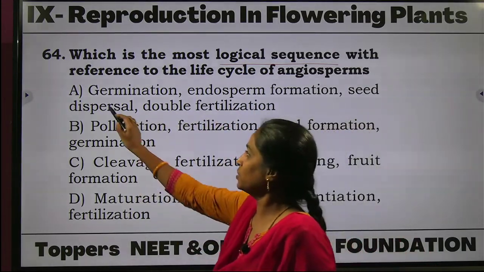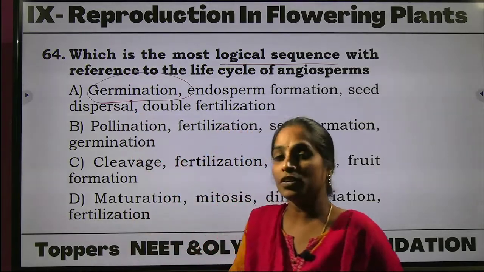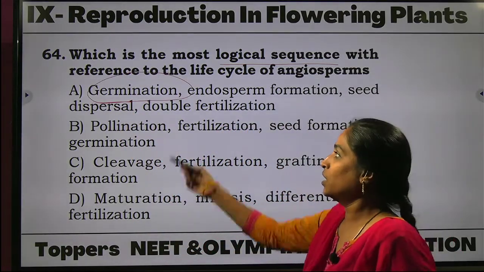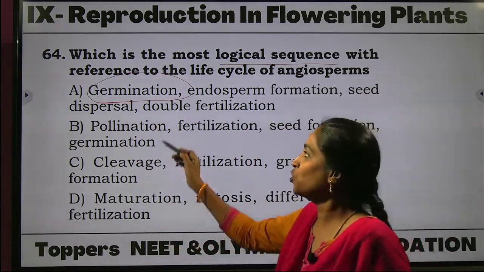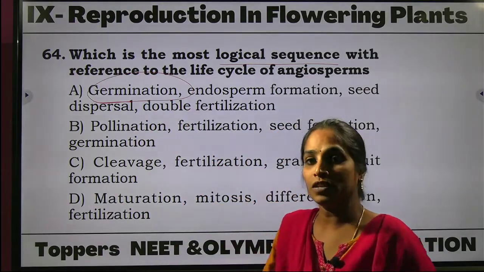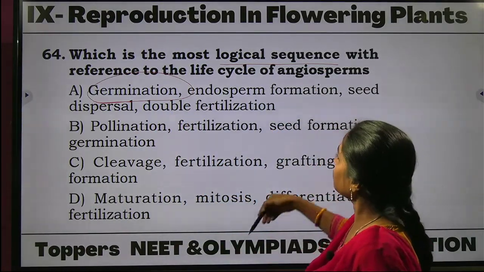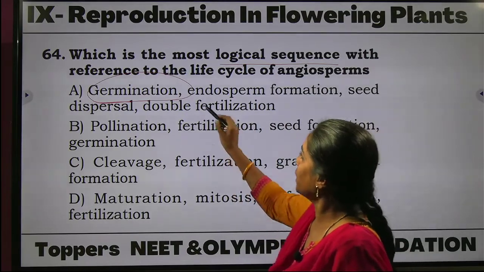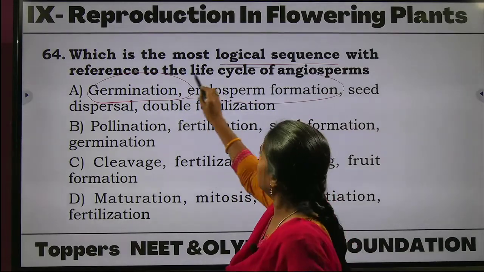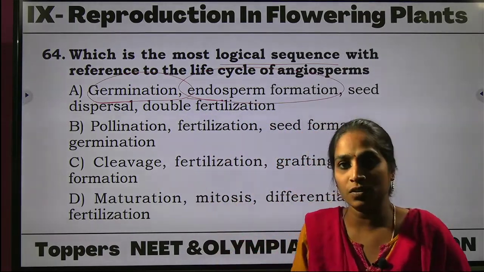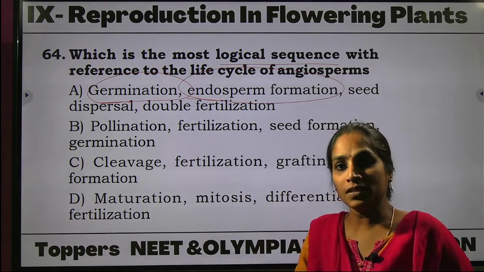Germination of a seed might be, or germination of a pollen tube might be. As given, there is no proper meaning for the word germination in the angiosperm life cycle. Endosperm formation we can observe during the fertilization process.